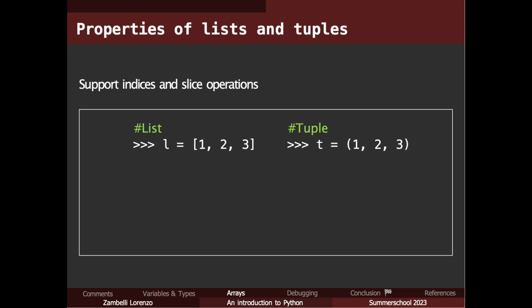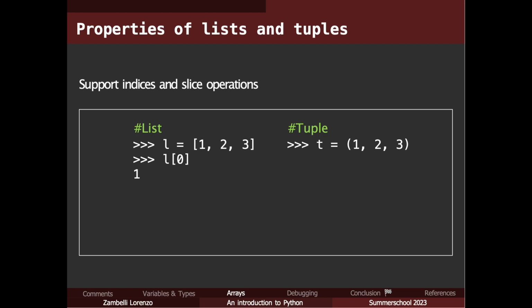For example, let's make the two, the list and the tuple, so the list 1, 2, 3 and the tuple 1, 2, 3. Then by indexing L square bracket 0, we are asking for the element at index 0, which is 1. Indeed, it appears 1. For the tuple, it works in the same way.